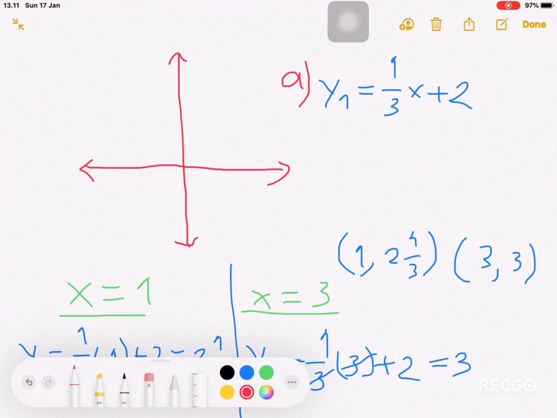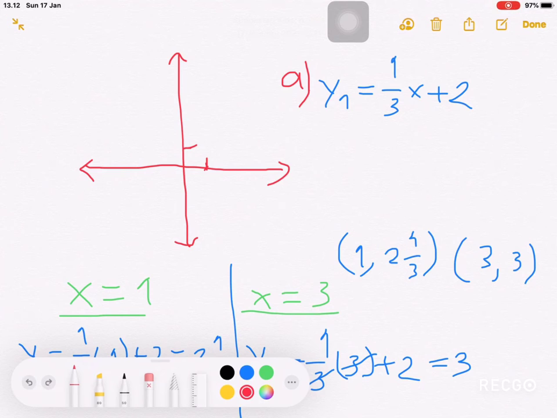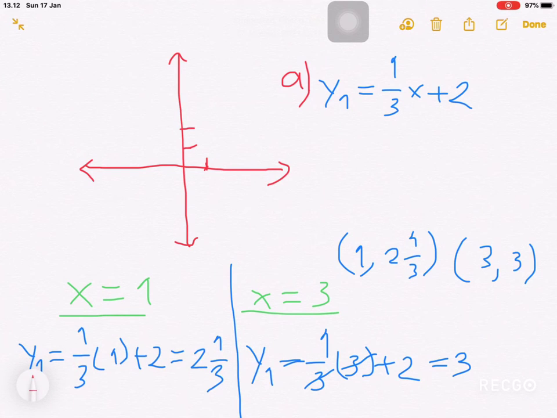And of course I'm on my iPad, so this will be pretty difficult, and this won't be as precise as pencil and paper. You can just try to draw this on your own.